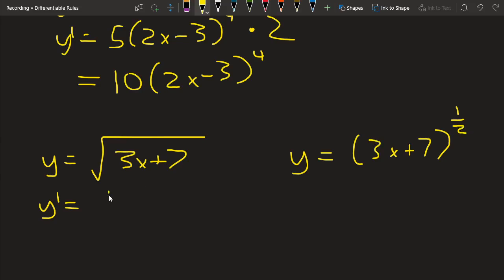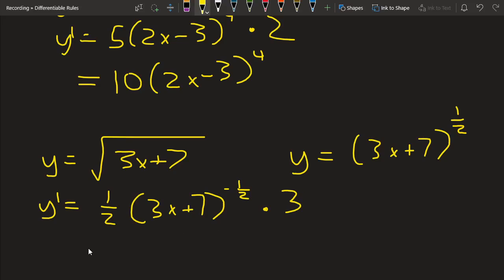So n is 1/2, u is 3x plus 7, n minus 1, so 1/2 minus 1 is negative 1/2, and then times u prime. u is 3x plus 7, so u prime would just be 3.